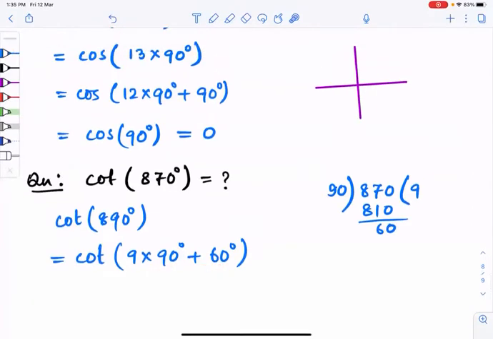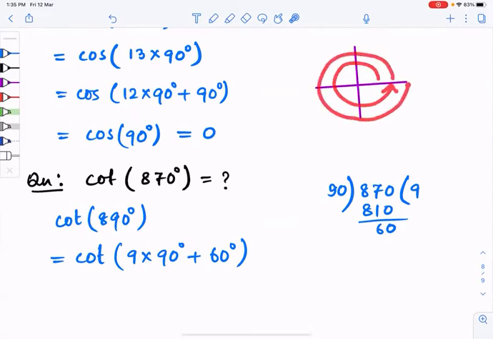9 into 90. This is 1 into 90, 2 into 90, 3 into 90, 4 into 90. 9 into 90 means this one full rotation is 4 into 90. Another full rotation is 8 into 90. 9 into 90 will be here, plus 60. So somewhere here, which means the second quadrant.